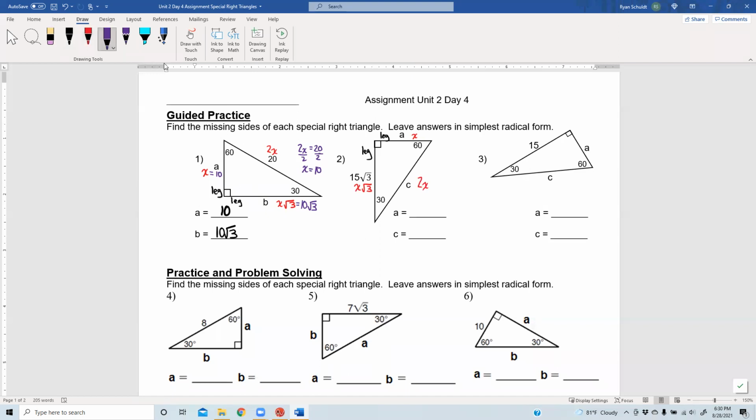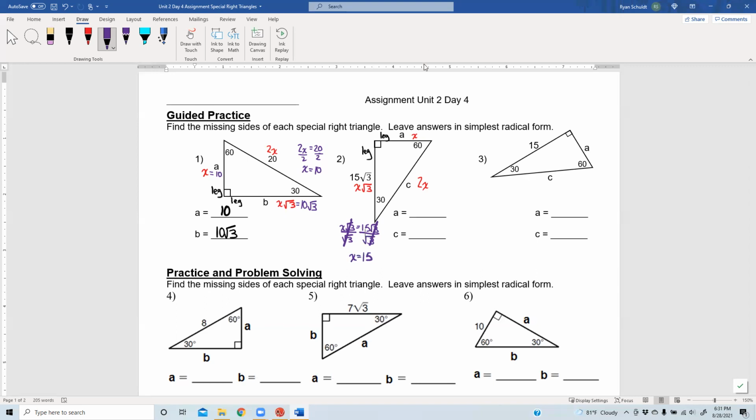We got us an equation here, buddy. x square roots of 3 equals 15 square roots of 3. Divide by the square root of 3. They go away. It's going to give us x equals 15.